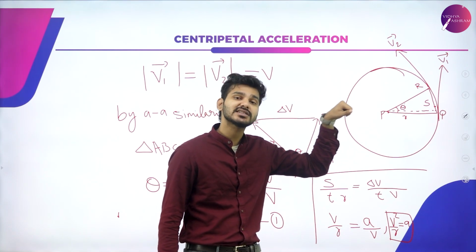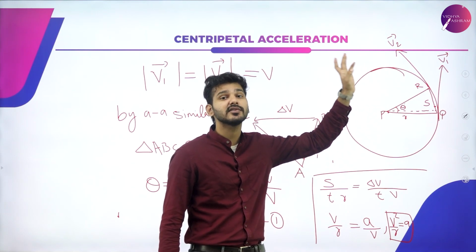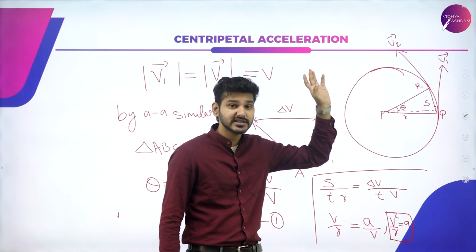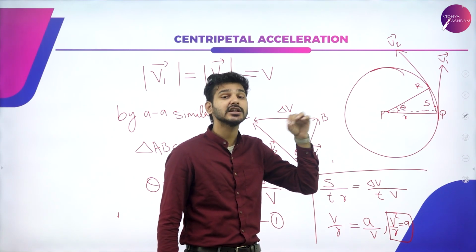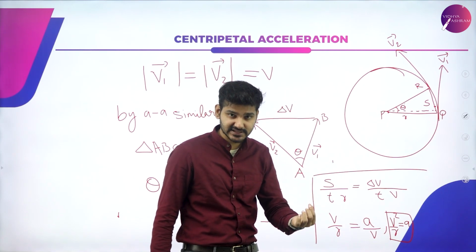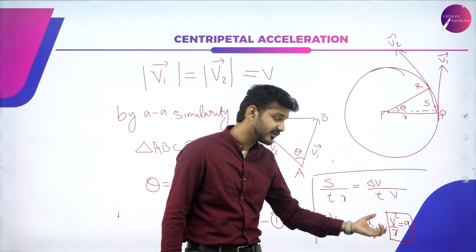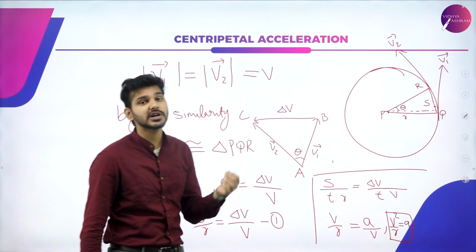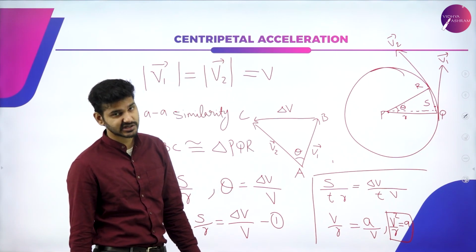If it is changing its direction frequently, there is a change in direction for the velocity vector. If there is change in velocity, there is acceleration being produced. And in order to find out that acceleration, we can use this relation, that is V square divided by R. And this acceleration is known as centripetal acceleration.